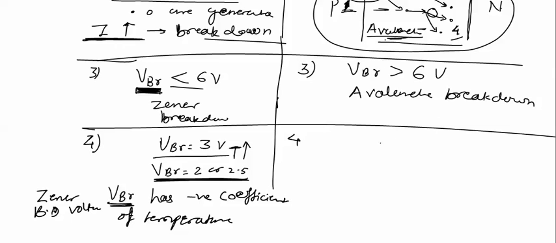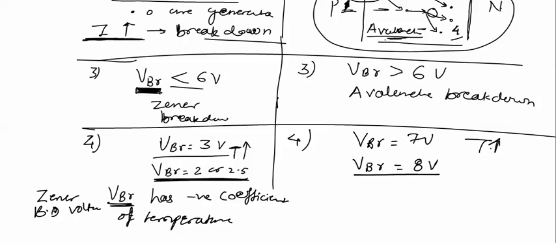Similarly, in avalanche breakdown, if we are getting breakdown at 7 volts and we increase the temperature of the diode, then practically it is seen that the breakdown will be obtained at higher voltages, either 8 volts or 9 volts, meaning the breakdown voltage increases with the temperature of the diode.